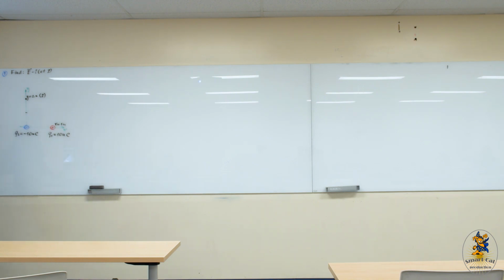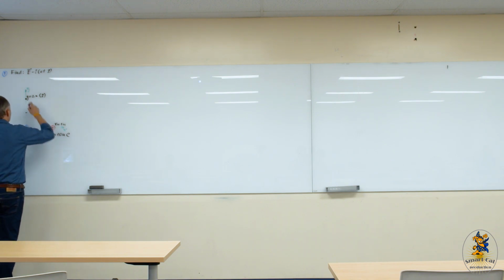OK. So first, let's just complete the picture and draw all the vectors. So first, the contribution to the net electric field from the negative charge and then from the positive charge. So the contribution from the negative charge is towards the negative charge. You remember electric field lines. OK, so let me draw it.